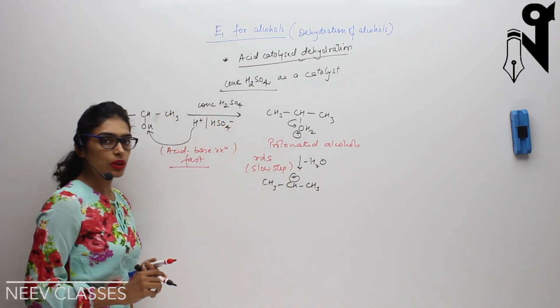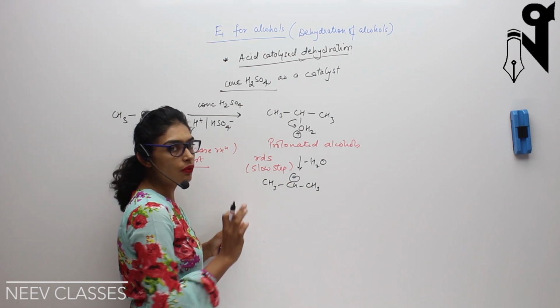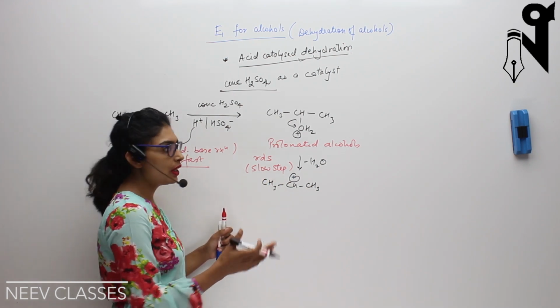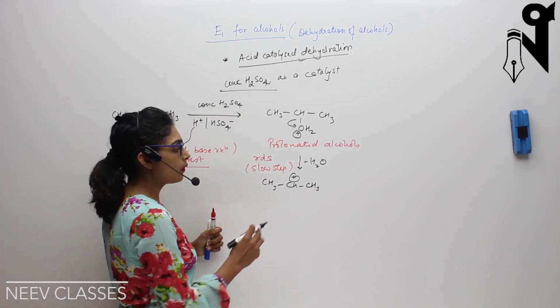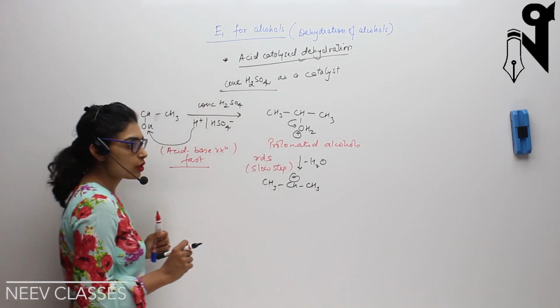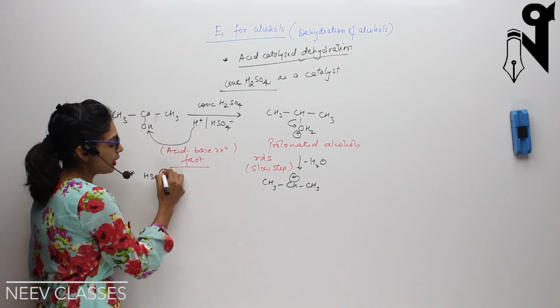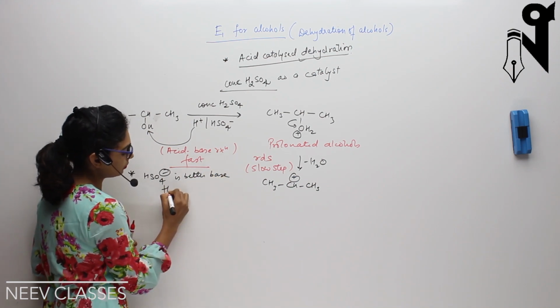Now after this, what is going to happen? If there is a chance of rearrangement for this carbocation, rearrangement will happen. If there is no chance of rearrangement, attack of HSO4- will take place. One more important thing: HSO4- is a better base than a nucleophile.